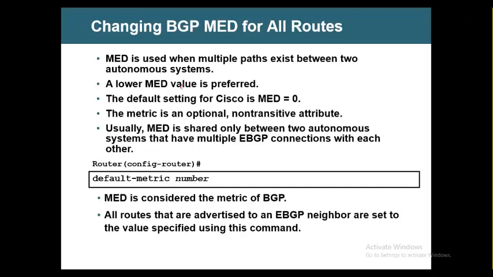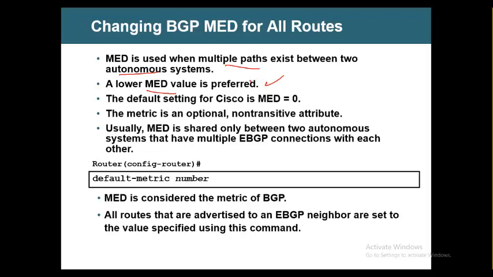MED is used when multiple paths exist between two autonomous systems. So the neighbor who advertises the network with the lower MED will be the preferred eBGP neighbor. So this is only between eBGPs.